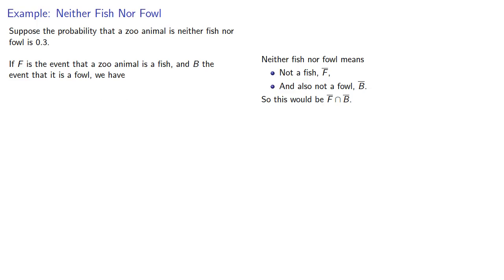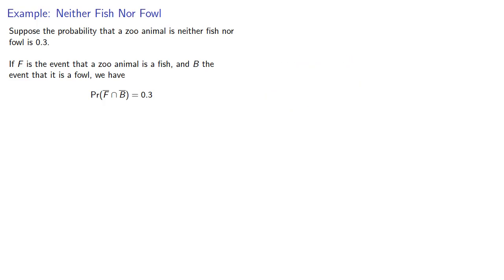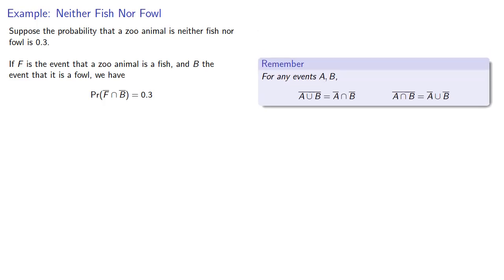And so we have that probability. But we also have De Morgan's laws that relate the complement of a union and the complement of an intersection. So here we have the intersection of complements, and De Morgan says that's the same as the complement of a union. And so we have really the same probability, just expressed in a different way.